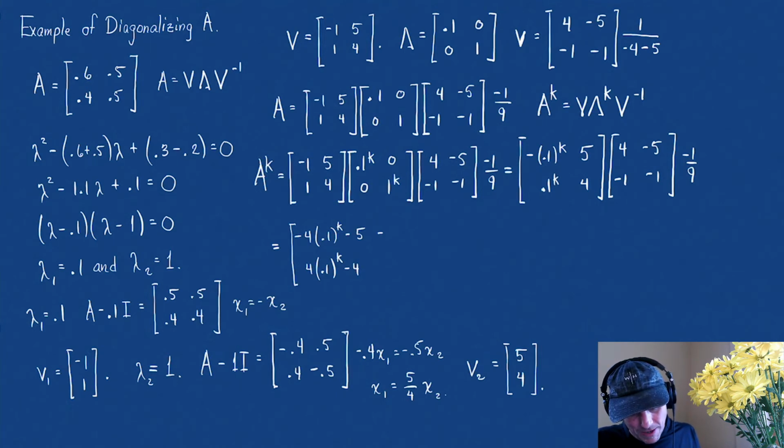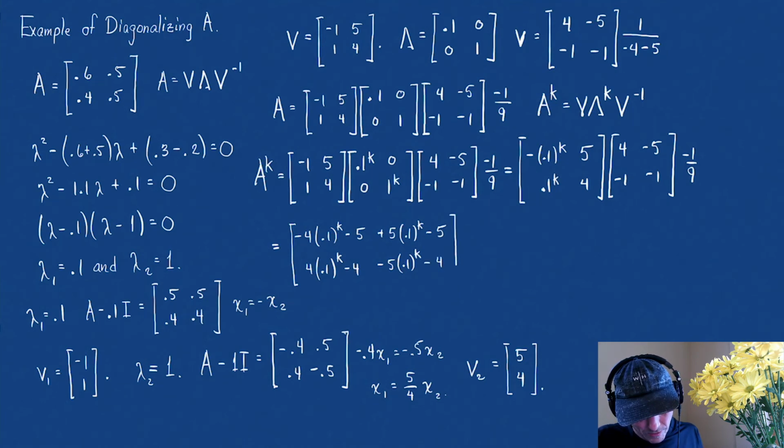That's going to be a plus 5 times 0.1 raised to the k, -5. And now row 2, column 2. So that's going to be -5 times 0.1 raised to the k, -4, times -1/9. Now, there it is. That's a lot of work. But there we found this is A raised to the k.